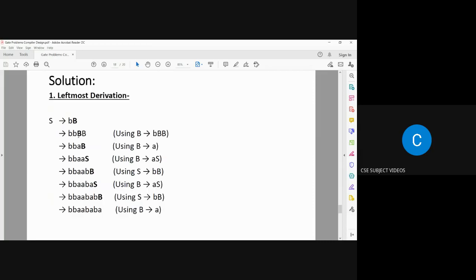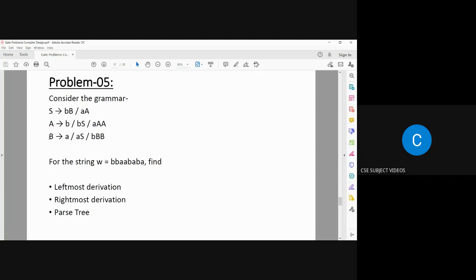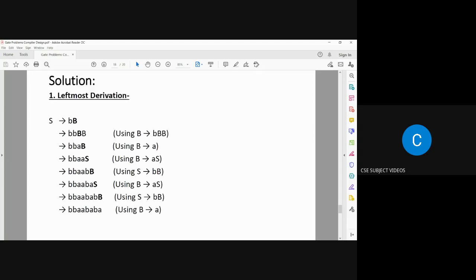Then B as it is we keep here, and this B will be replaced by A, according to our third production. Clear?